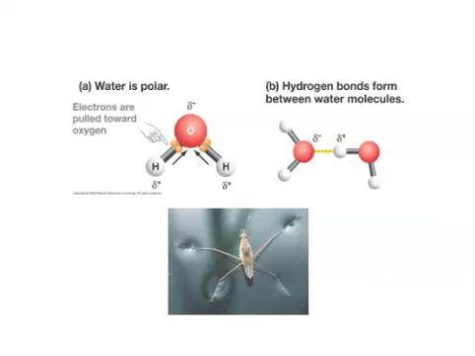Remember, living things on our planet are based on water. We are primarily made out of water, and so it's critical that water has this high heat storage capacity. That's all due to hydrogen bonding between water molecules.